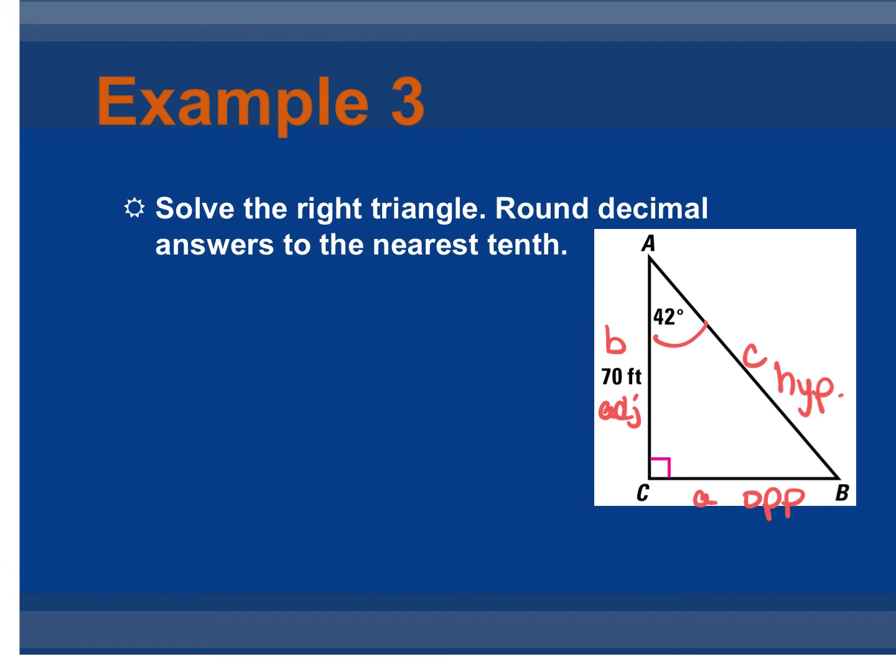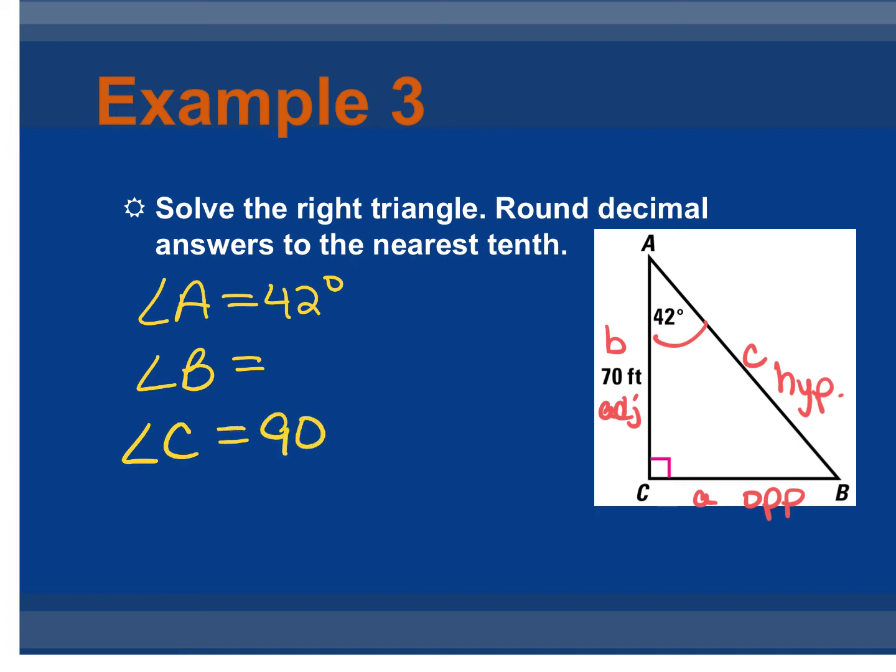Now remember, when we solve these, we should be able to find angle A, which they gave us. I don't know angle B. I've got to do some work for that one. And then angle C is the 90 degrees. Then I also need to find little a, which is really BC.